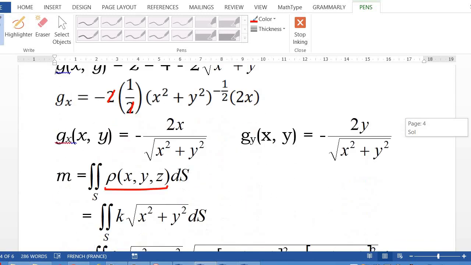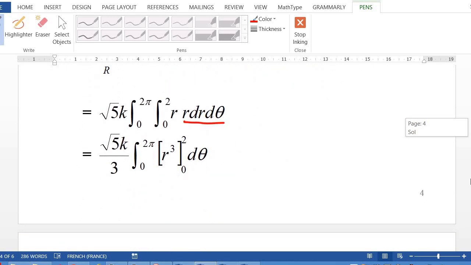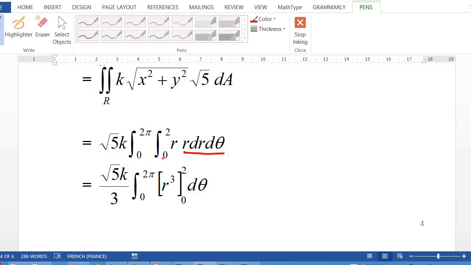That's why later on, dA becomes r dr d theta in polar coordinates. You solved it when z equals 0 previously and got a circle with radius 2 units. So the region R we are going to solve using polar coordinates, where r goes from 0 to 2 and theta goes from 0 to 2 pi.